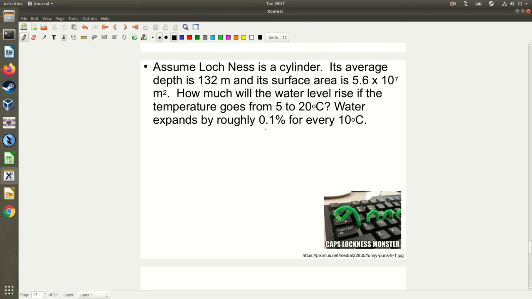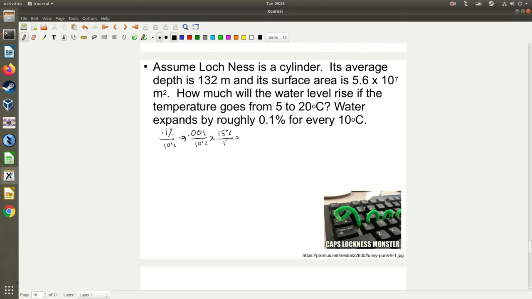All right, we know it's 0.1% for every 10 degrees Celsius. But I need to change that into decimal form, so it's going to be 0.001 per 10 degrees Celsius. I know that the change in temperature is going to be 15 degrees Celsius.